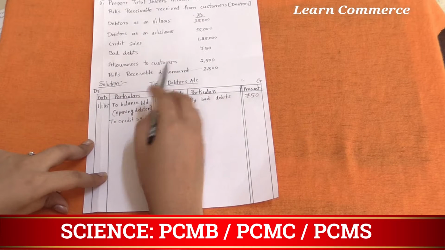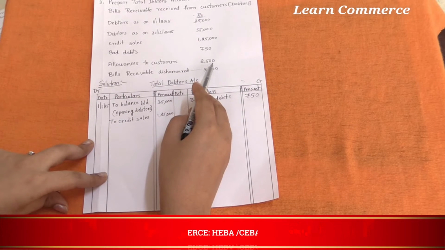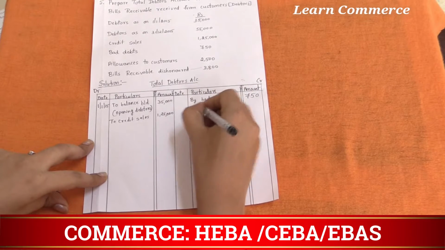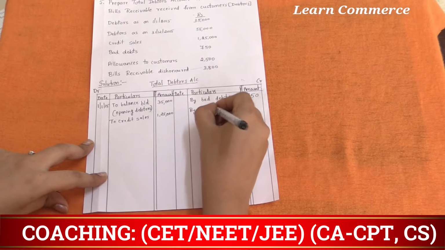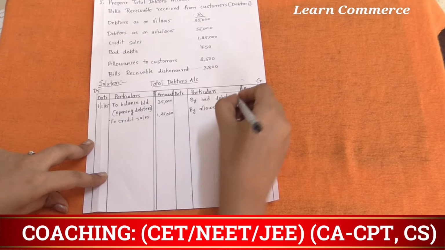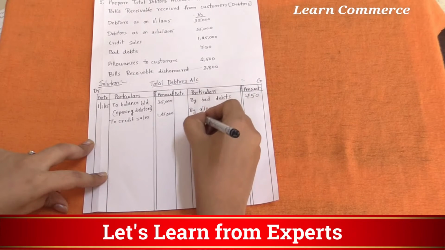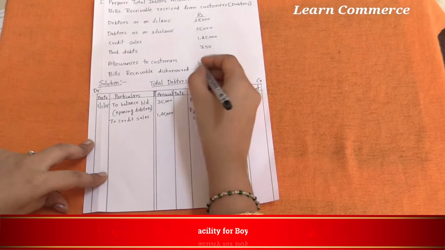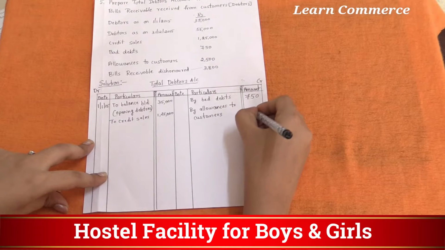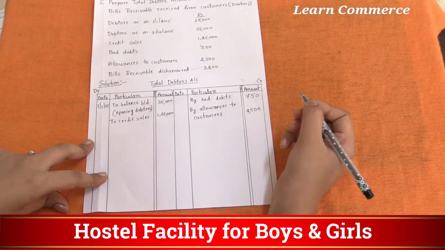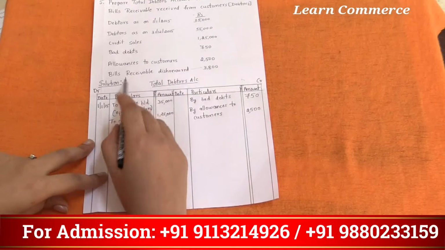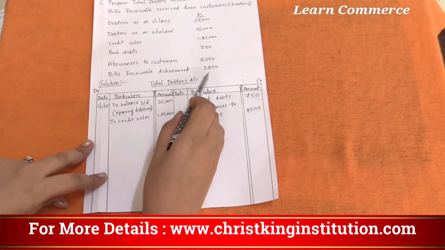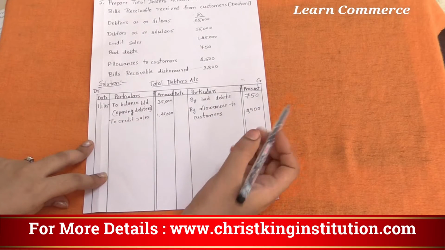Allowances to customers 2,500. This one also we should record on the credit side, that is by allowances to customers, that is 2,500. Next, bills receivable dishonored 3,800.